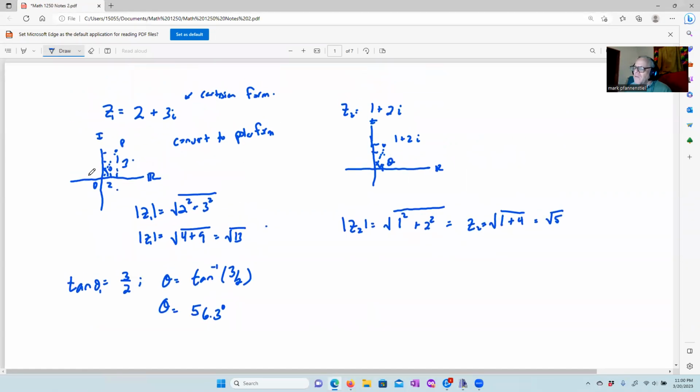Going back to my picture with my triangle here, what I want to figure out is, if I just have this absolute value distance and our angle, how do I get back to what my adjacent side is? Well, the cosine is the adjacent over the hypotenuse.